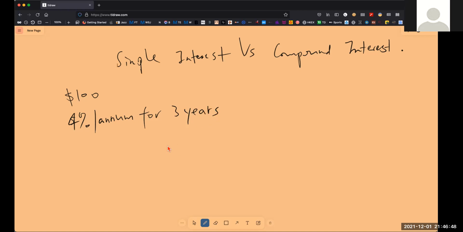Okay, so let's find out for simple interest, what are you going to get after 3 years based on the same starting amount and the same interest for 3 years. Can you do the simple interest? What's the final amount?